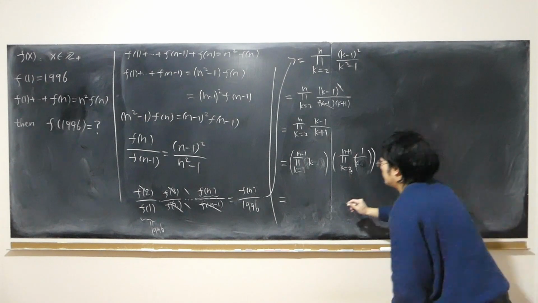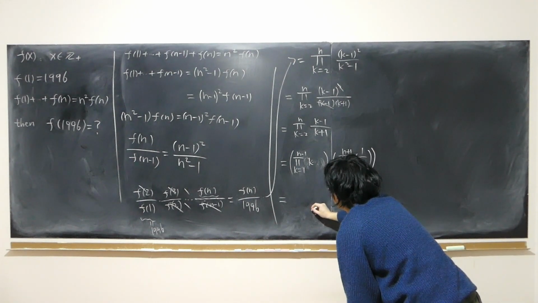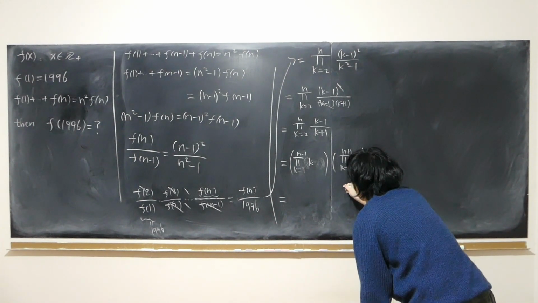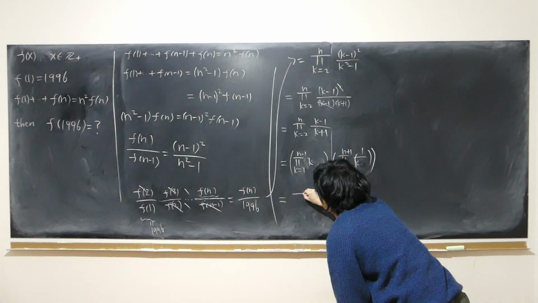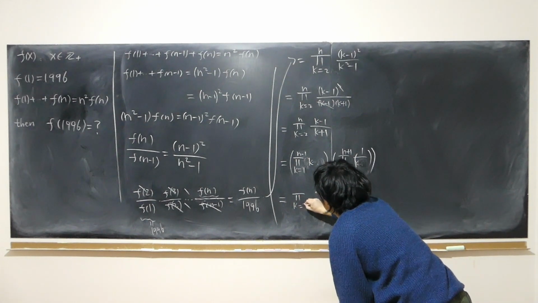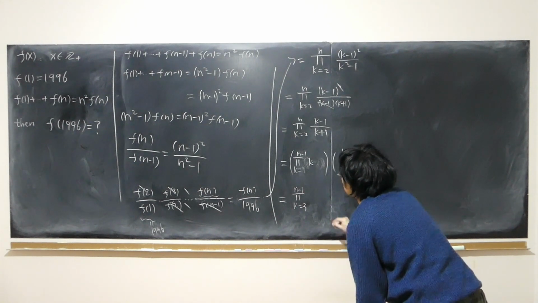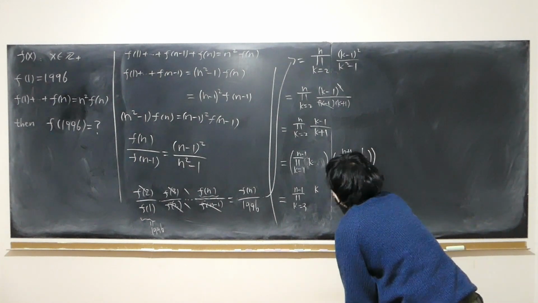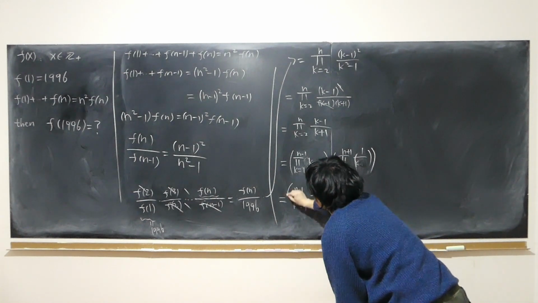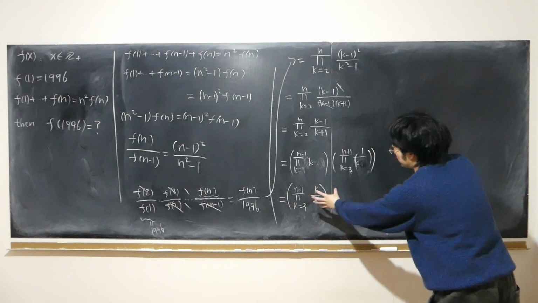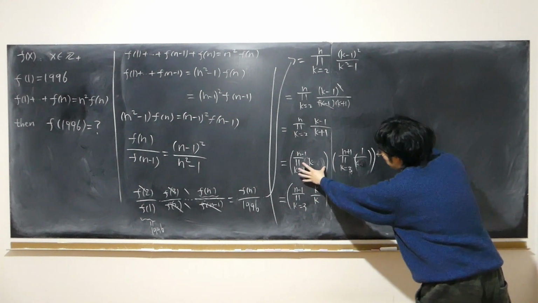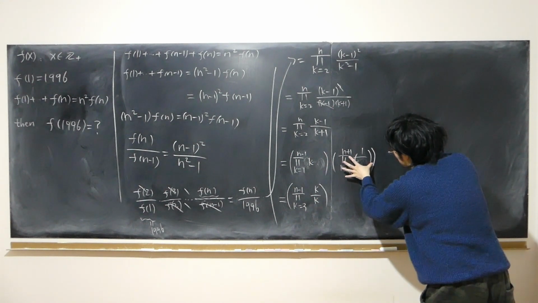They all start from 3 and end with n minus 1. This one has k, this one has 1 over k.